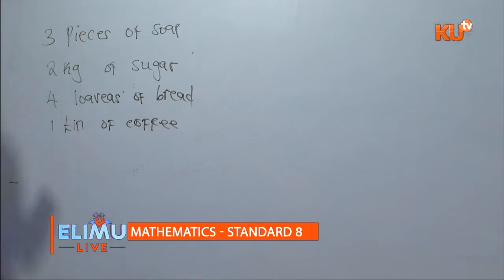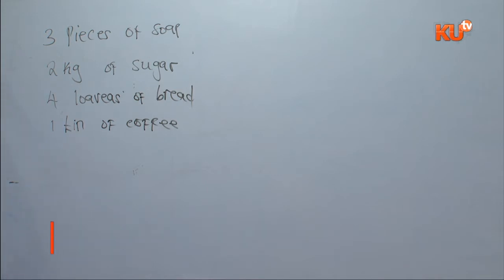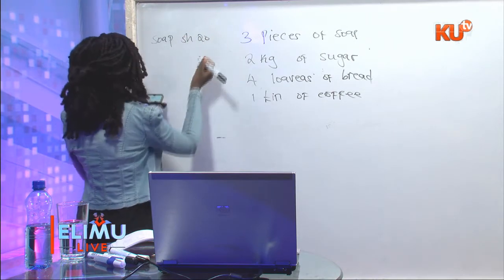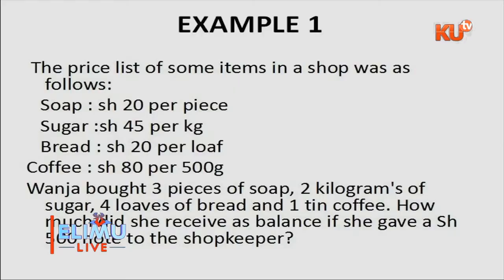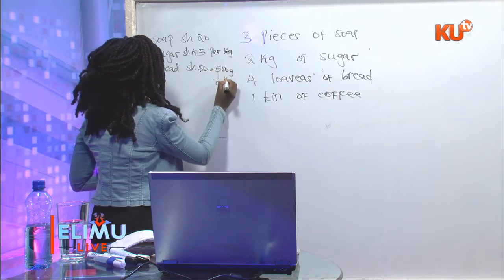Yeah, this is what that person, Wanja, bought. And remember we had said that soap costed 20 shillings per piece, and then sugar costed 45 shillings per kg, and then we had bread. Bread costed 80 shillings per 500 grams. So this 500 grams is the same as half a kg.